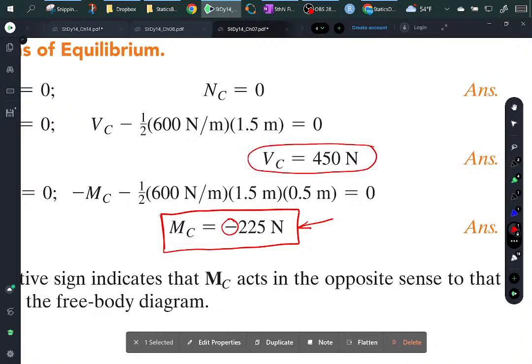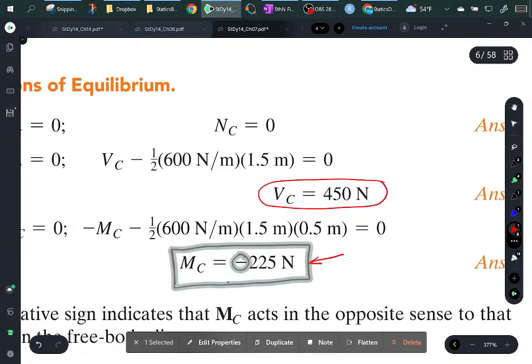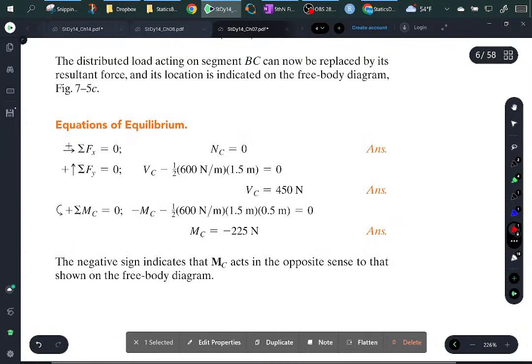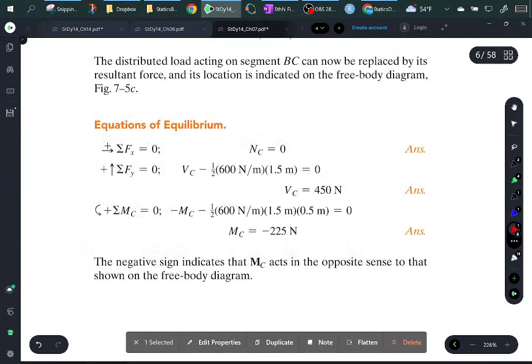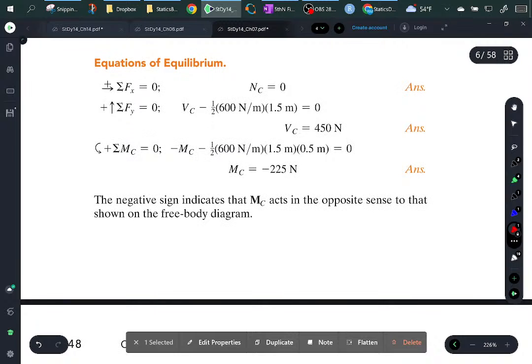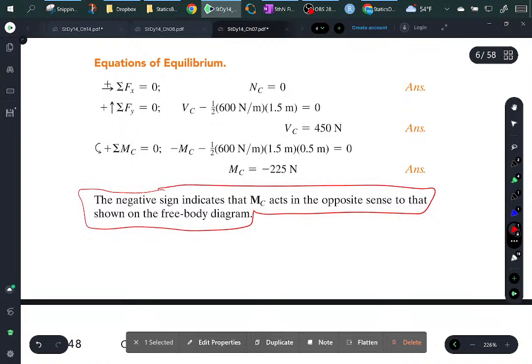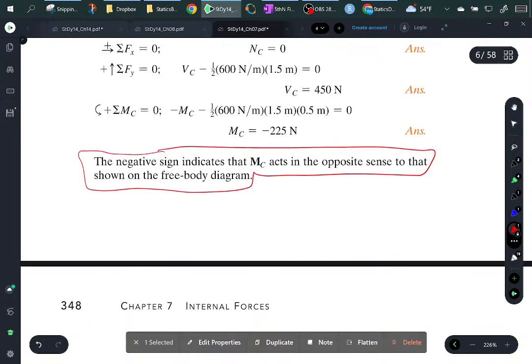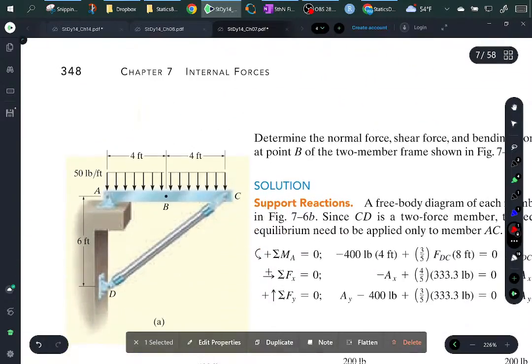Because what you find out in mechanics of materials is that the sign is very important. Okay, so it is true, a negative sign means that. But don't go back and flip it now. Keep it the way it is and just keep the negative sign.